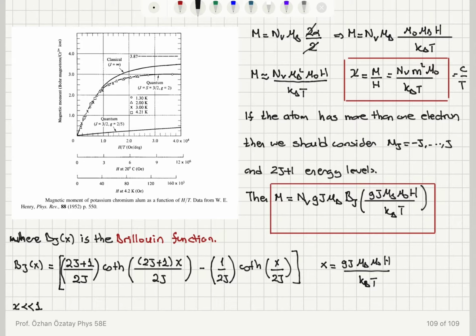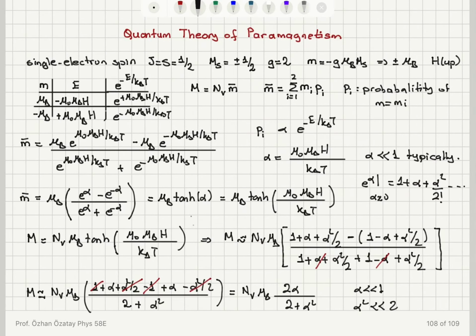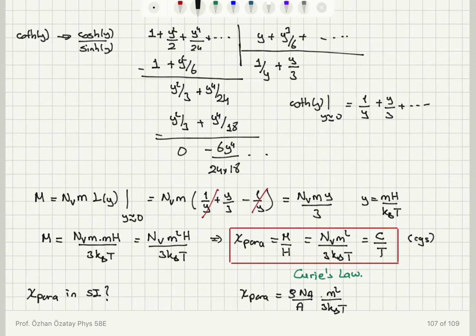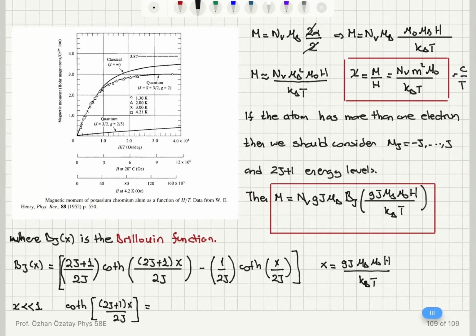So if x is much less than 1, the hyperbolic cotangent of (2J+1)x/(2J) is, according to our Langevin theory expansion, remember we have coth y is, for small y, 1 over y plus y over 3. So we're going to use the same result here.